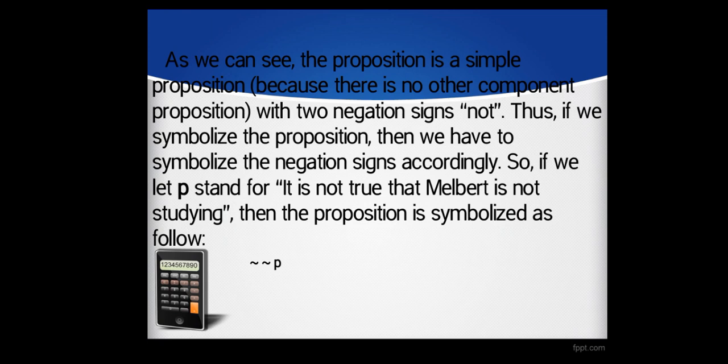Thus, if we symbolize the proposition, then we have to symbolize the negation signs accordingly. So, if we let P stand for it is not true that Melbert is not studying, then the proposition is symbolized as this one, not P.